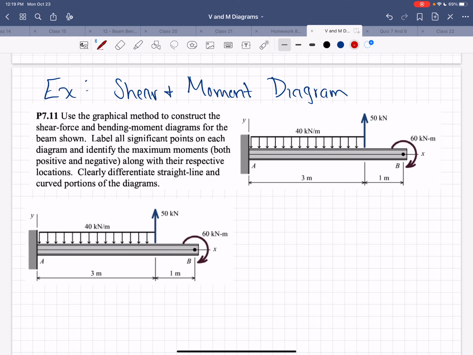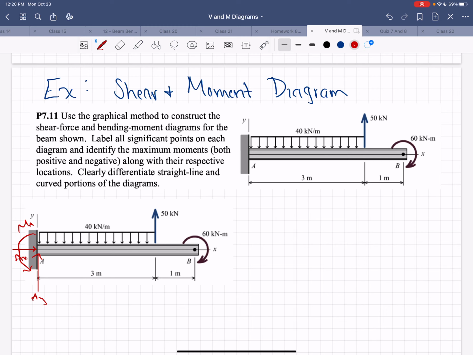So the first thing we have to do is find our reactions. At A we have AY, we have AX, which we can see is 0, and we have a moment at A because this is fixed.